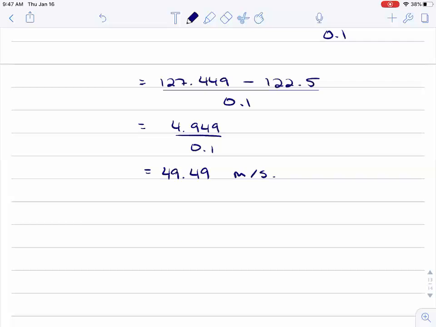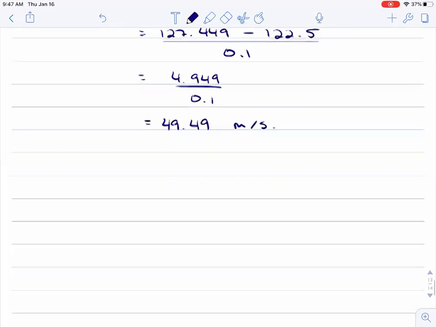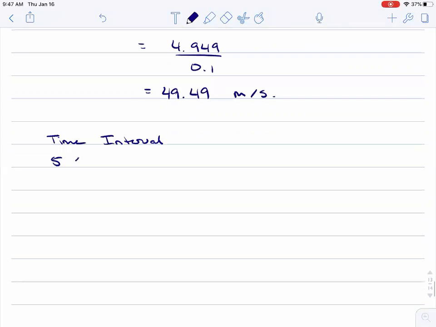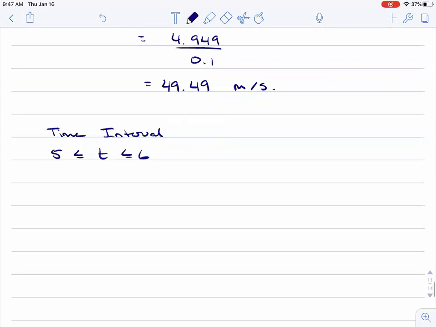So that's between 5 and 5.1 seconds, right? And so what we can do, and I'll just give you the values, is condense that time interval, right? Move it even closer to 5 seconds. So if we have a time interval looking between 5 and 6 seconds, right?